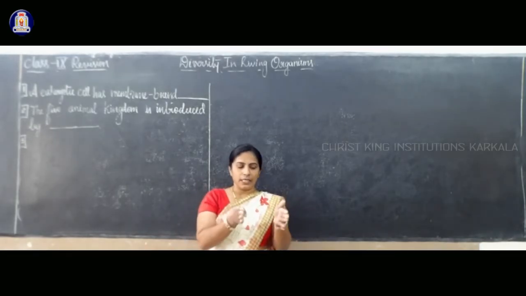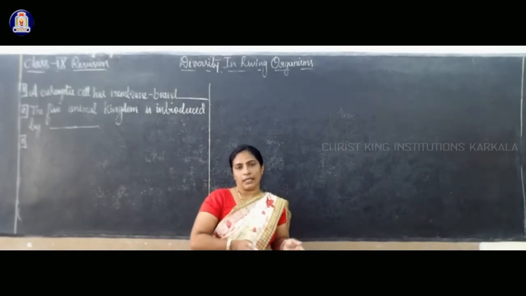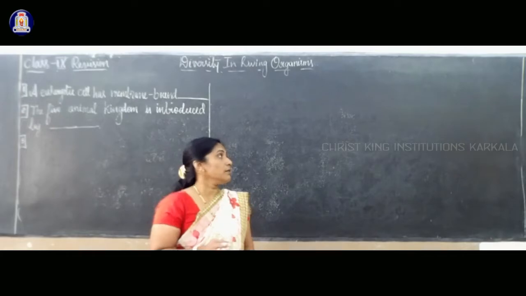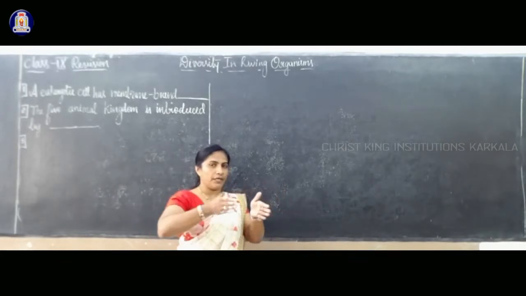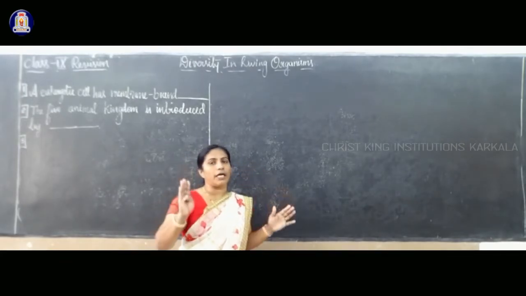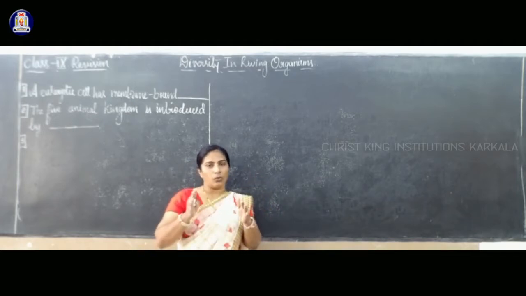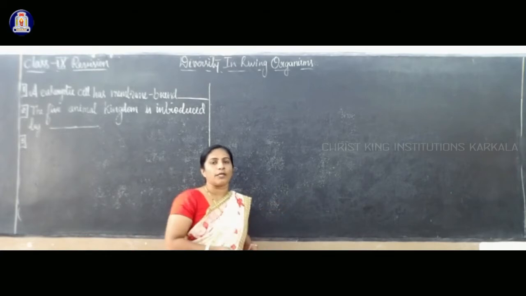For example, while studying primitive organisms like Monera, Protista, Fungi, you have to keep different organisms in mind. Keep a few examples in mind, study accordingly and write some of the points.